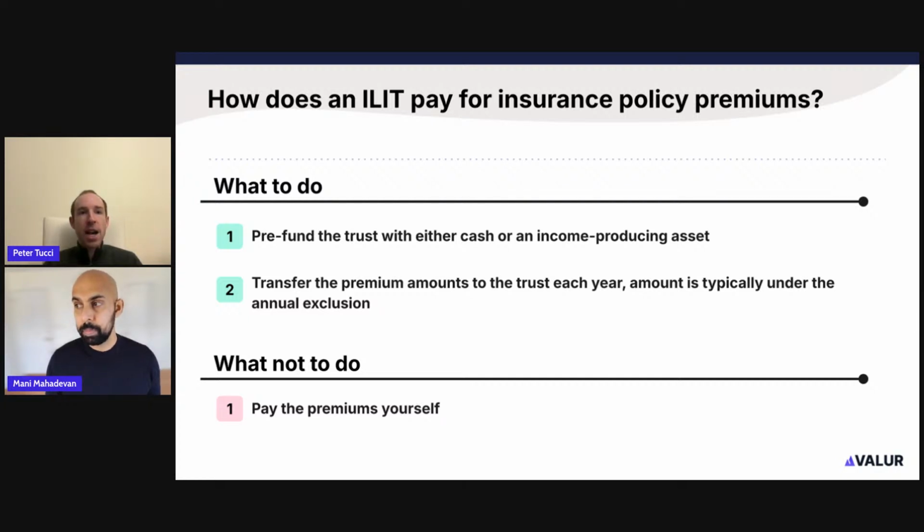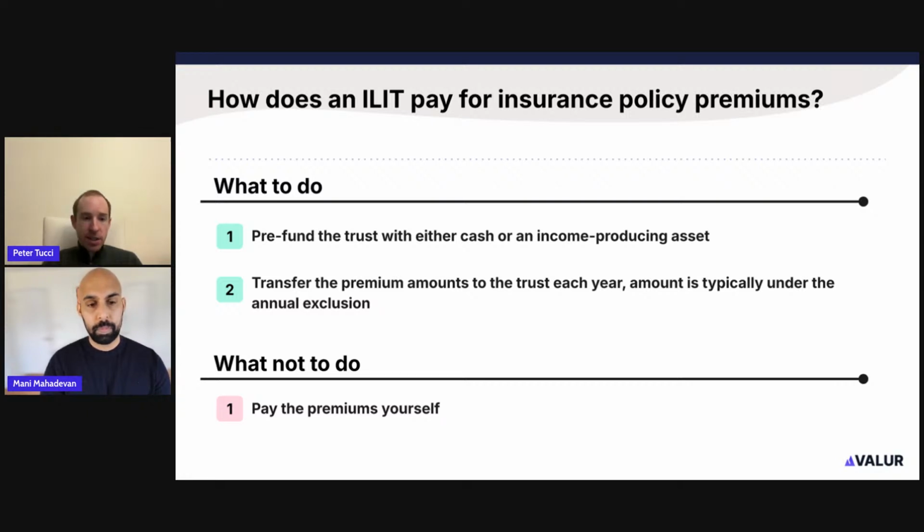And so if you have 2 kids, you can gift each of them $19,000 a year, and so that's $38,000. If you're married, you and your spouse can each gift them $19,000 a year. So if you're married with 2 kids, you can gift them $76,000 a year, 19,000 times 2 times 2.